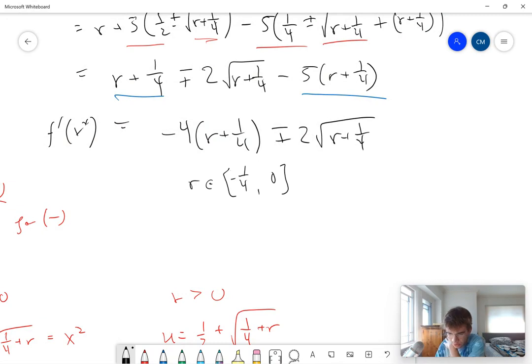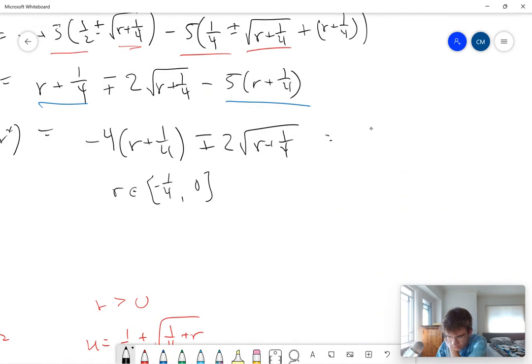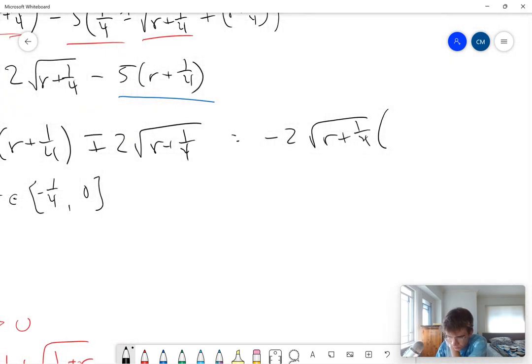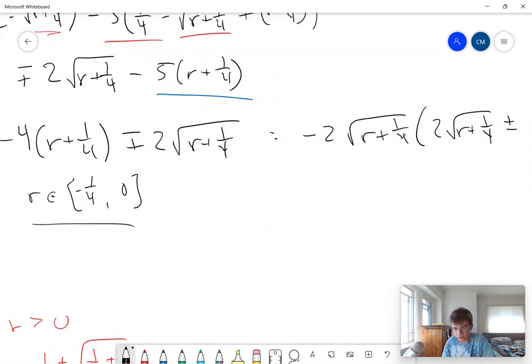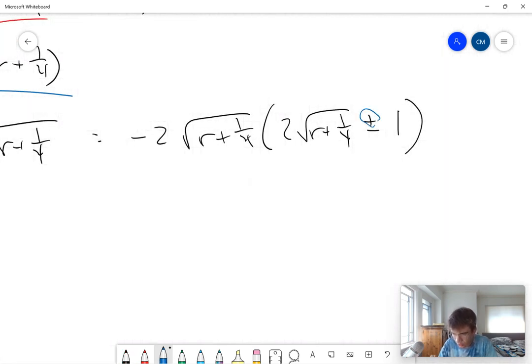And we'll observe that if I factor out square root of r plus 1/4 here, so I'll factor out a negative 2 square root of r plus 1/4, and then we'll have a 2 root r plus 1/4 plus or minus 1. Okay, so when r is in this interval, if I take the positive conjugate here, I'm going to have a stable fixed point.